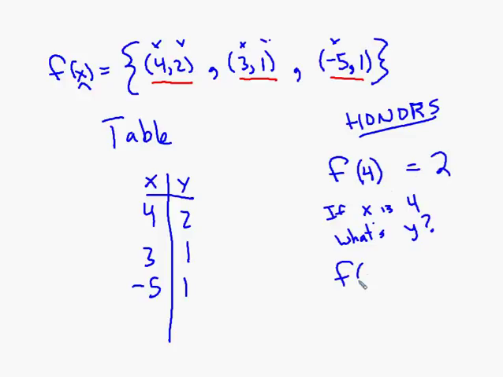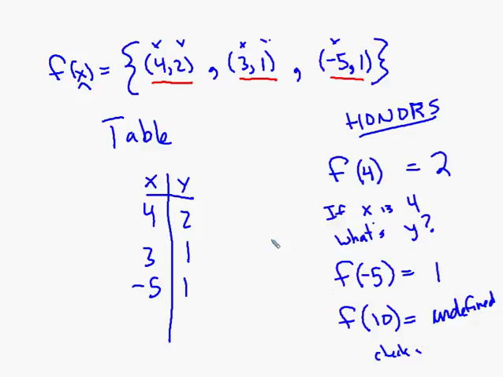And what if I wrote f of -5? 1. Good job. But now, here's a trick question. What if I wrote f of 10? Well, then you look up here and you're like, wait a minute. There's no 10. Right? So we write undefined. Okay, it's not there. Now I'm checking the x's. I don't check the y's, I check the x's.